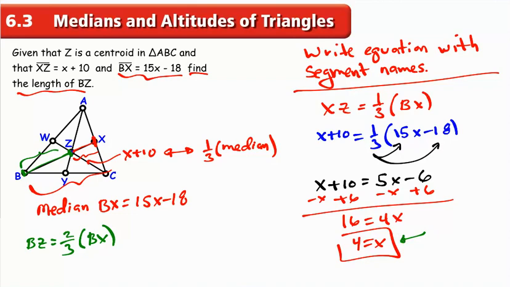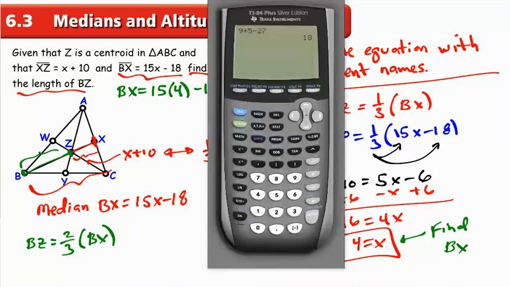We should use this x equals 4 to find BX. So BX is equal to 15 times 4 minus 18, which is 42.